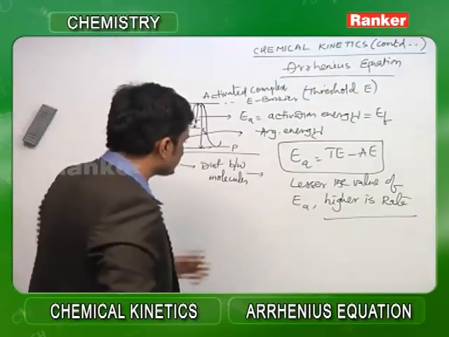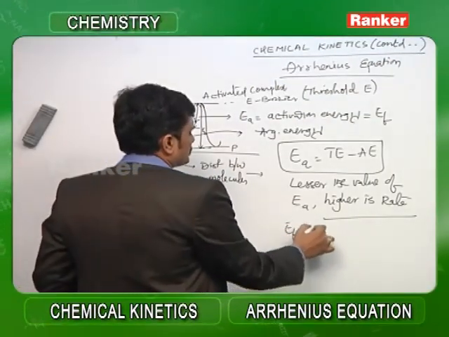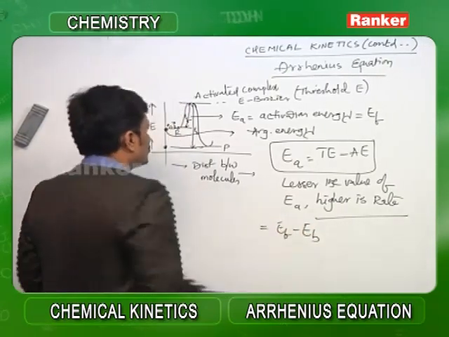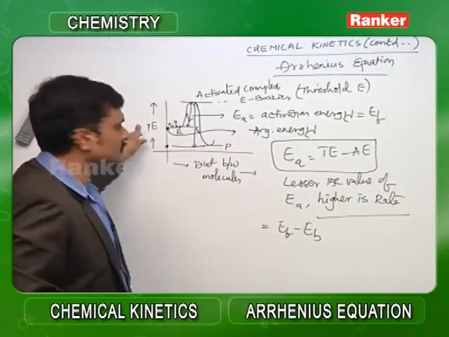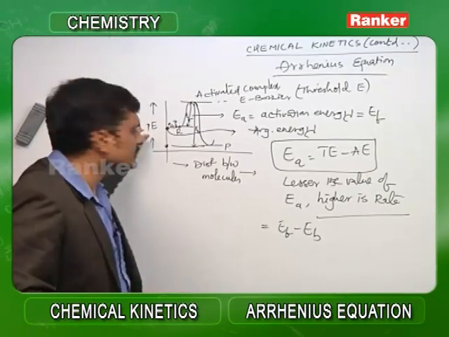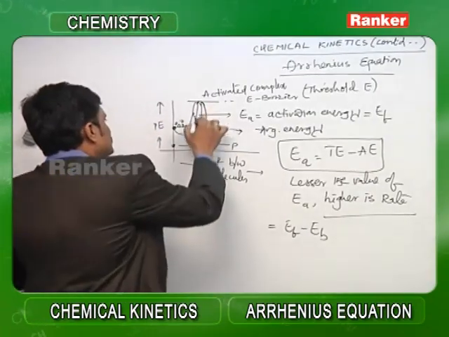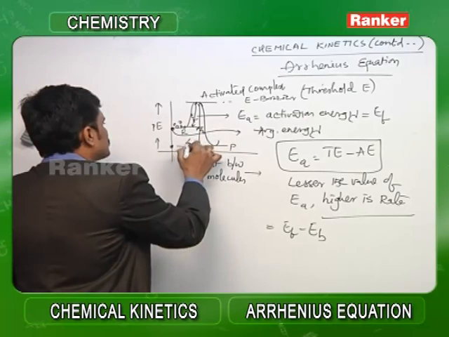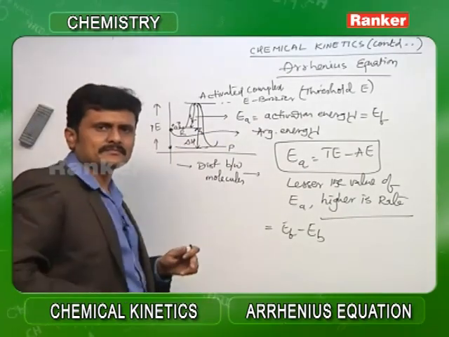So here the difference between EF and EB yields us something. What? If I take the potential energy as the replica of the heats, I can say that the difference between EF and EB will turn out to be the delta H of the reaction.